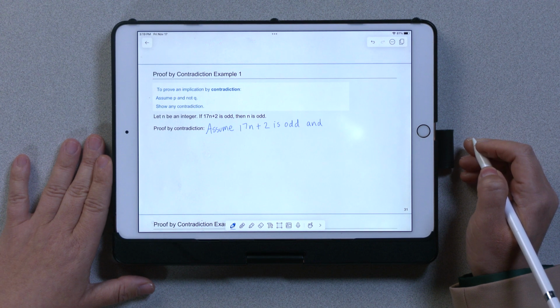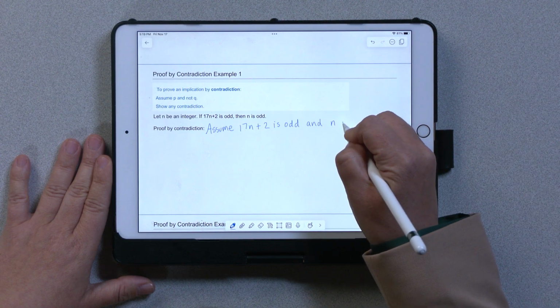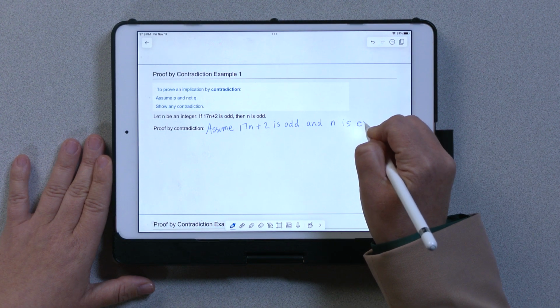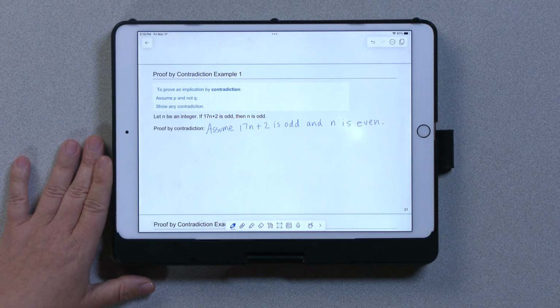We want to assume that n is not odd, which is just that n is even. So that's the negation of the implication. We assume 17n plus 2 is odd, that's the premise, and the negation of the conclusion, that is, n is even. And now our goal is to show any contradiction.